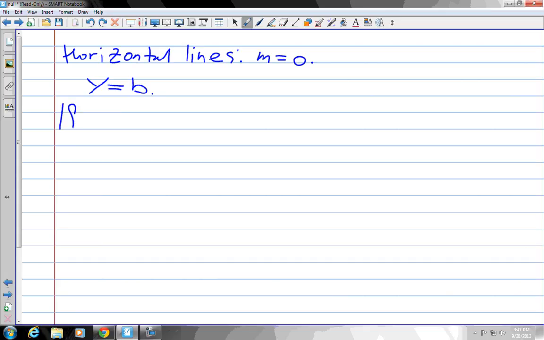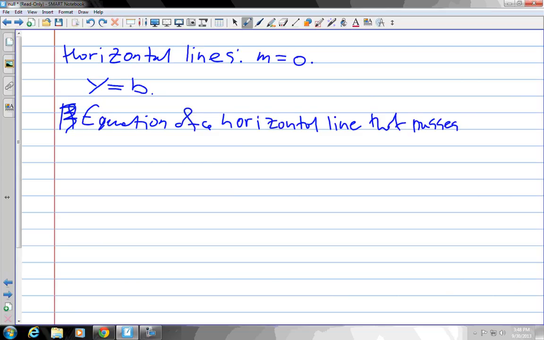So the equation of a horizontal line that passes through (a, b) is y equals b. y always equals that constant.